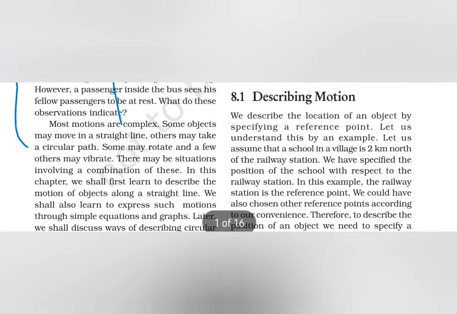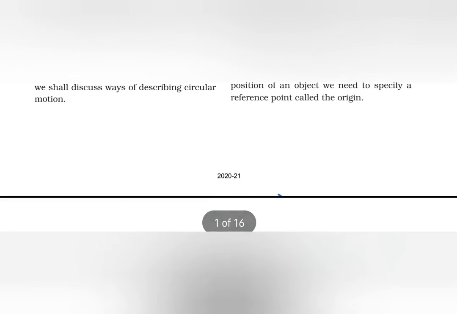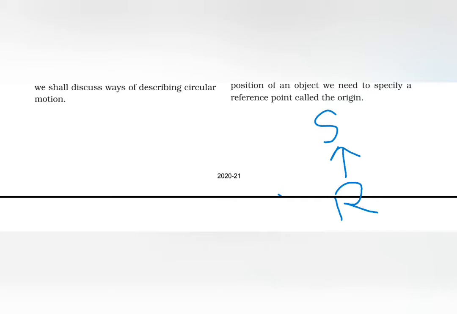So, describing motion. In this paragraph, they have described the term reference point very briefly. Like, what do we mean by a reference point? They have taken the example that there's a school which is located in the north of a railway station. This is the railway station, this is the school, and this is the north direction.